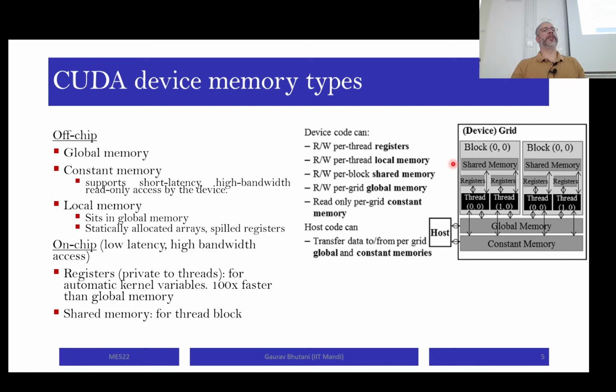That is the reason you see that there is a block here and there is a shared memory. All the threads in the block will be able to access this shared memory. But if you see registers, each thread has its own registers, although they are also there in the block, they are private. So if thread number 1, 0 wants to access this register, it cannot do it. Somehow the information has to move to the shared memory, and then this thread 1, 0 can access this information.